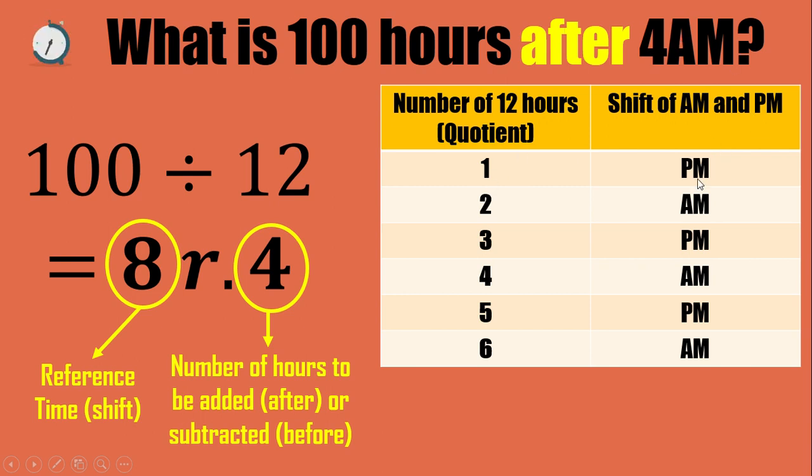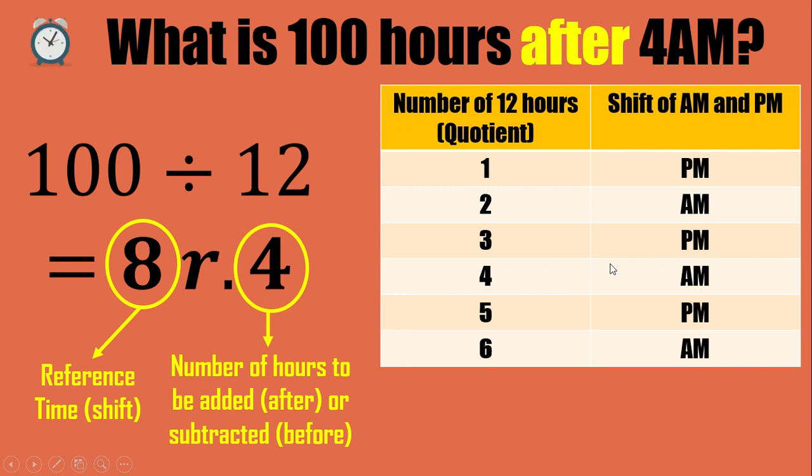From 4 a.m. that will be 4 p.m. And then if your quotient is 2, that is another 12 hours, so you'll shift again to AM. Then another 12 hours, and that is PM. Then another 12 hours, you're going to shift to AM. Then another 12 hours, you're going to shift to PM. And then another 12 hours, that's AM.